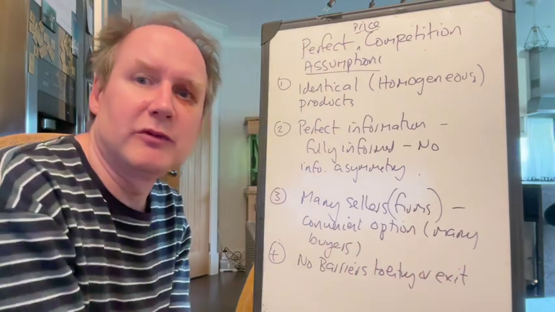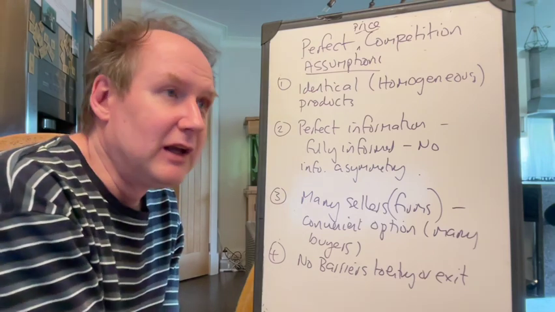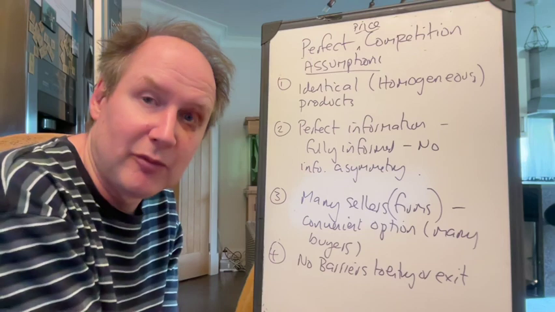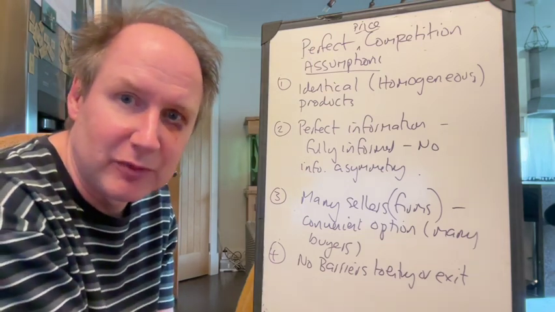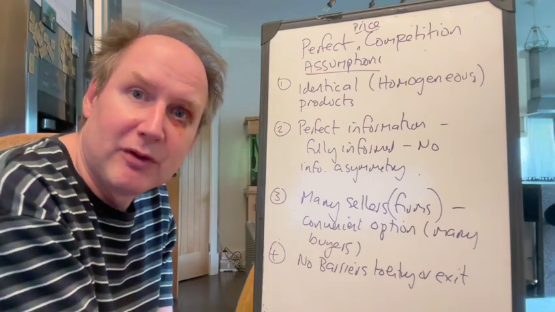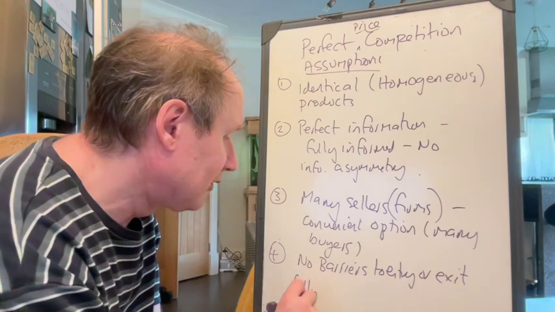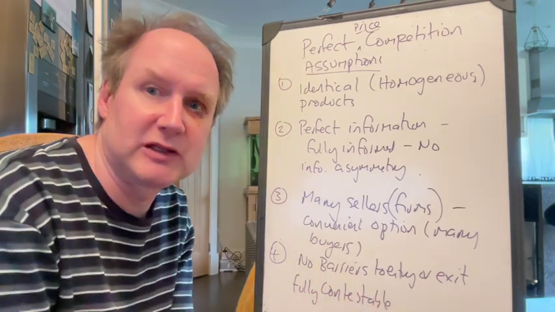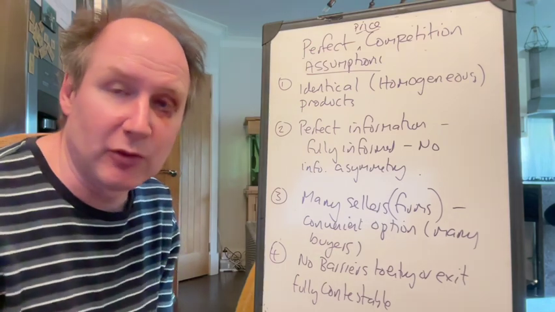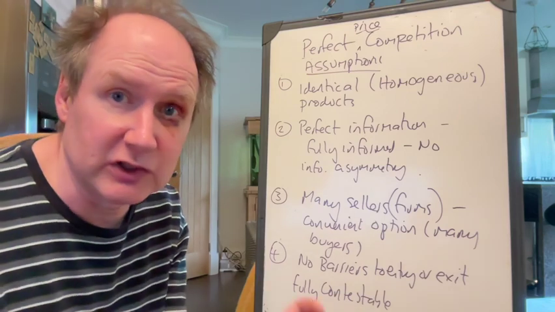It can't be the case that existing firms can start ramping up their power and jacking up prices, becoming more monopoly-like, because there's nothing to stop you from breaking into this market. It is fully contestable. It is 100% a contestable market. Which means if I want to enter the market, I can do it like that. No delays, no costs, nothing.